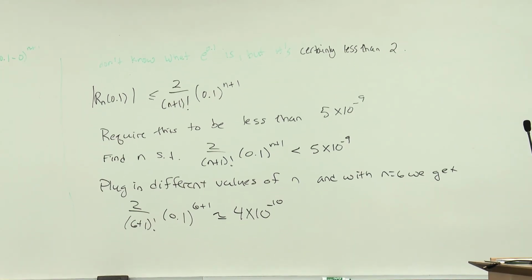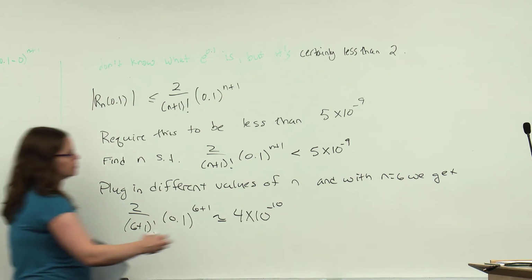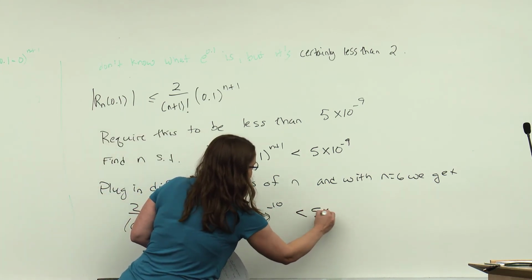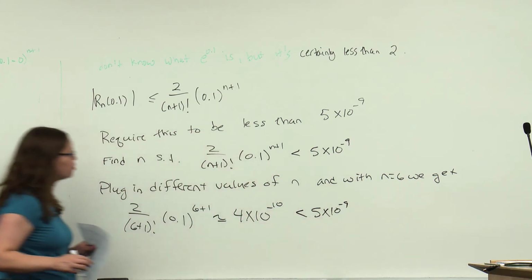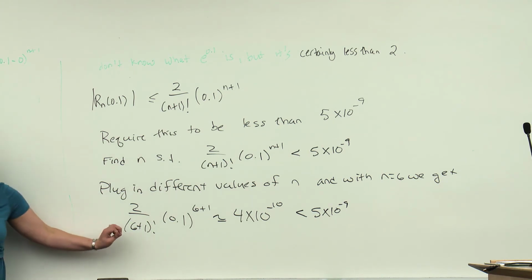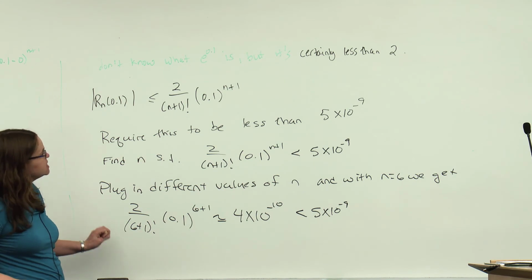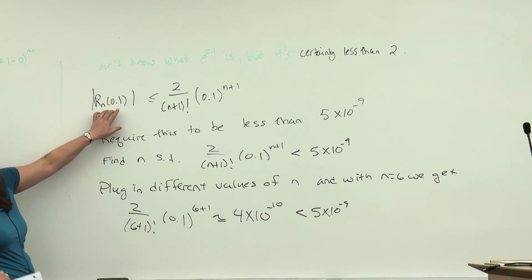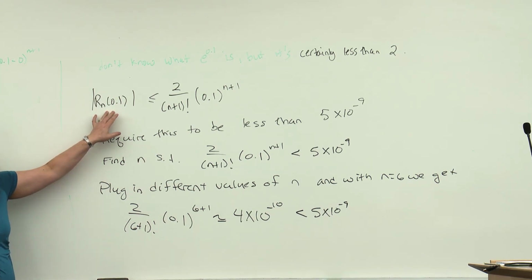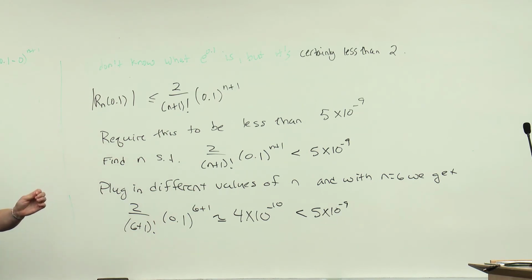And that's less than my bound, which is less than 5 times 10 to the minus 9. So if we put n equals 6 in here, we're guaranteed that our error is less than 4 times 10 to the minus 10. It might be a lot less, it might be a little less, but it's definitely less. It's definitely going to give us our 8 digits correct on our calculator screen.